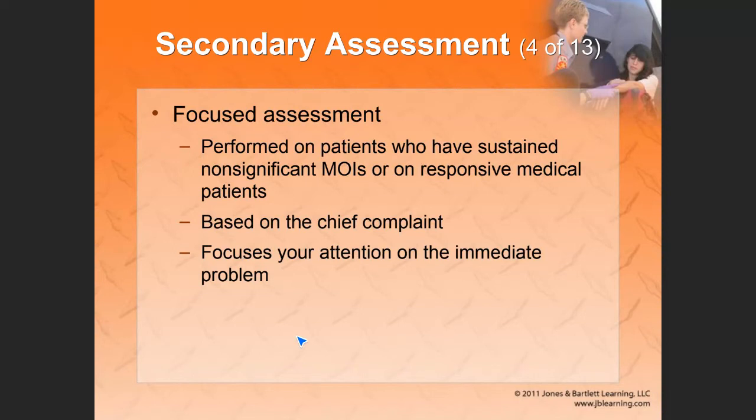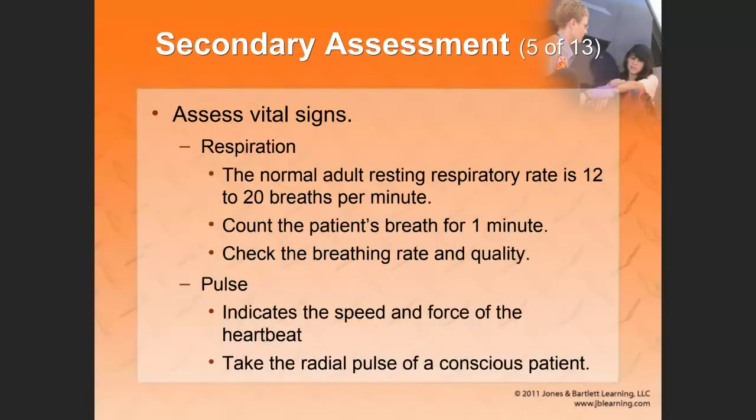Now, during your focused assessment, you're going to focus on any immediate problems. That's where your focus should be. What are the issues? What can I do about these issues that are present? So, assess the vital signs. The normal adult resting respiratory rate is 12 to 20 breaths per minute.